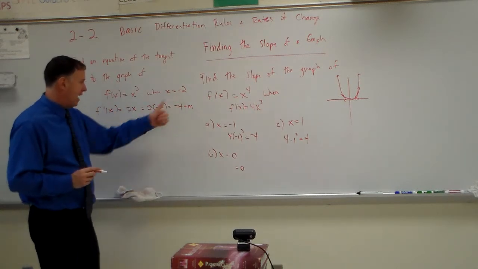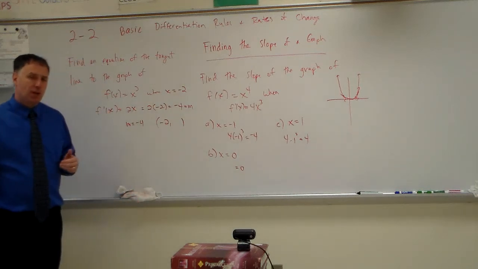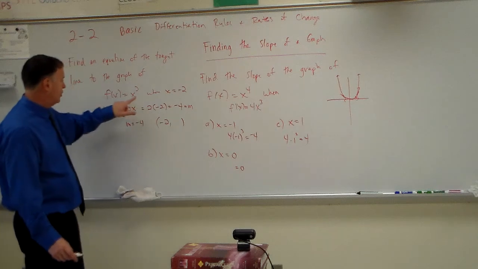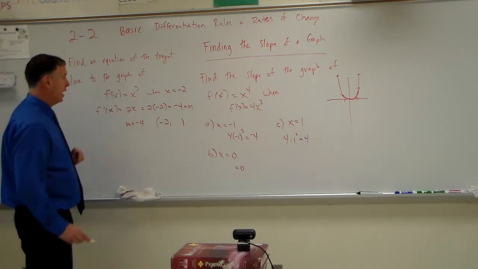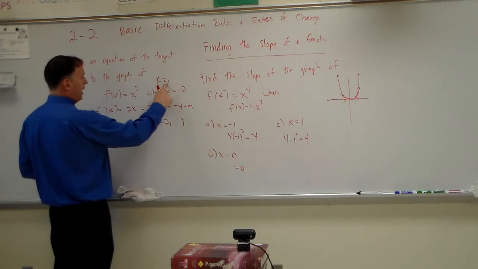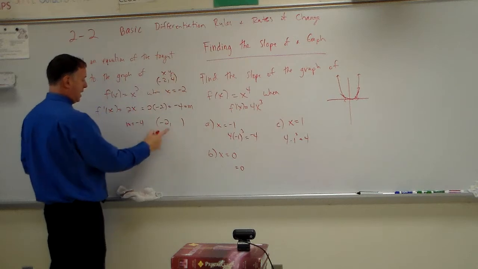Now I have an x value, but I don't have a y. So when they just give you an x value, you plug it into your original equation, and that would tell you what your y is, right? So my ordered pair here would be -2 squared is 4. So that's my x, that's my y.